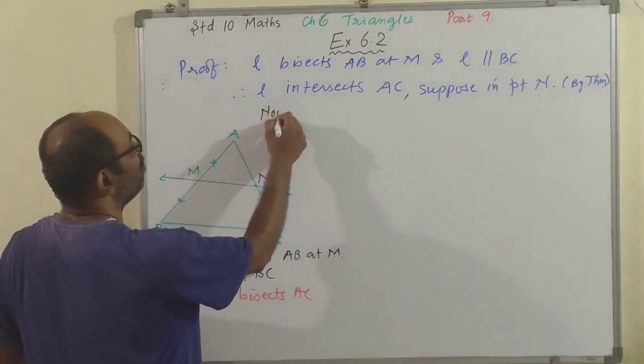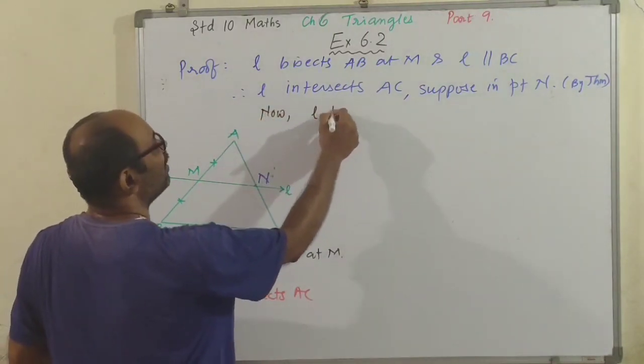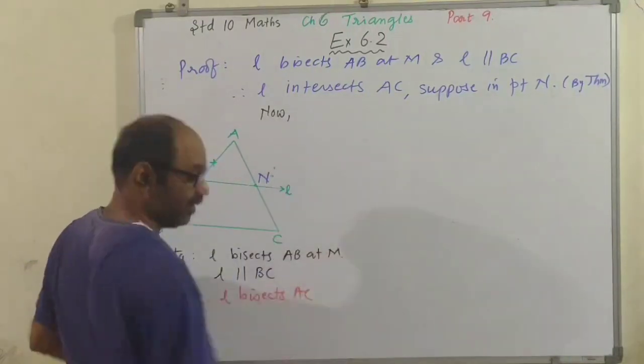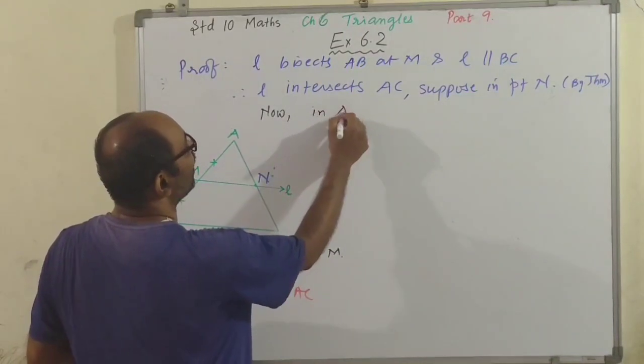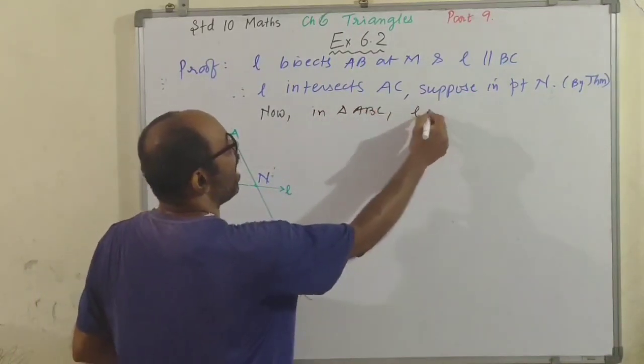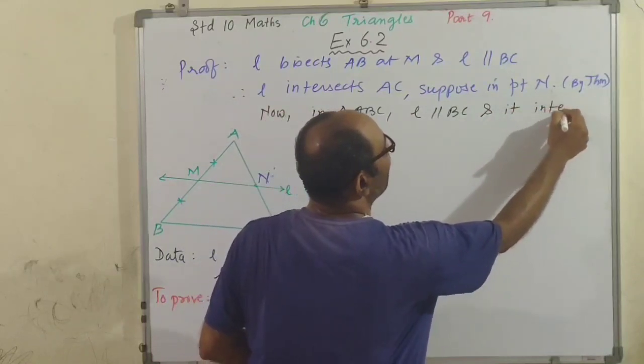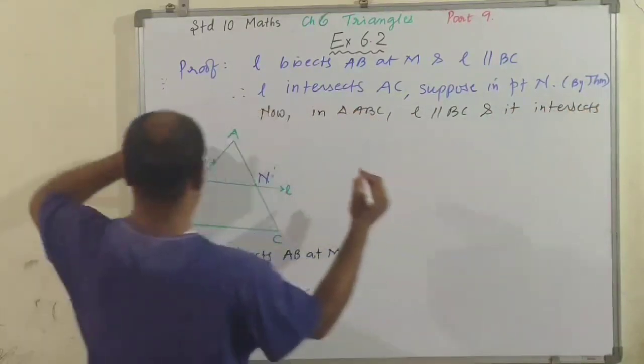Now in triangle ABC, L is parallel to BC and it intersects what?